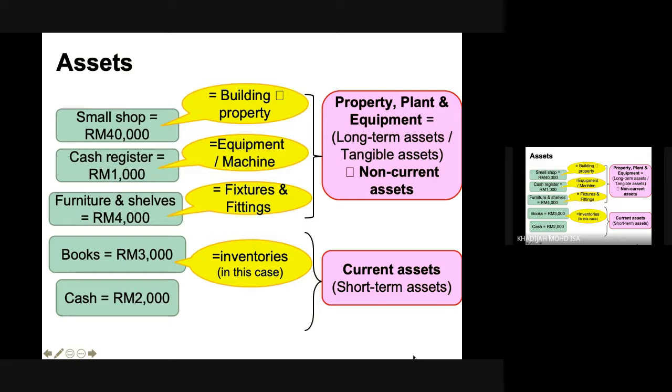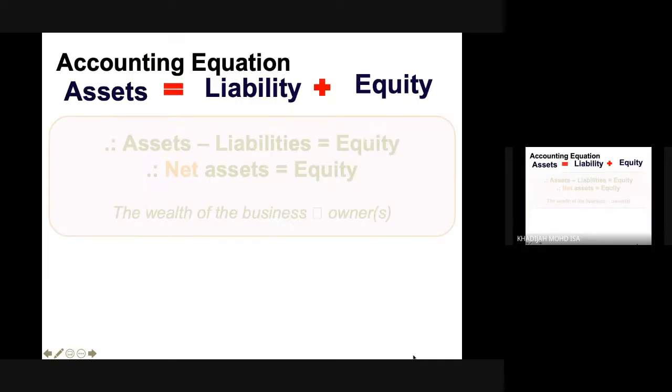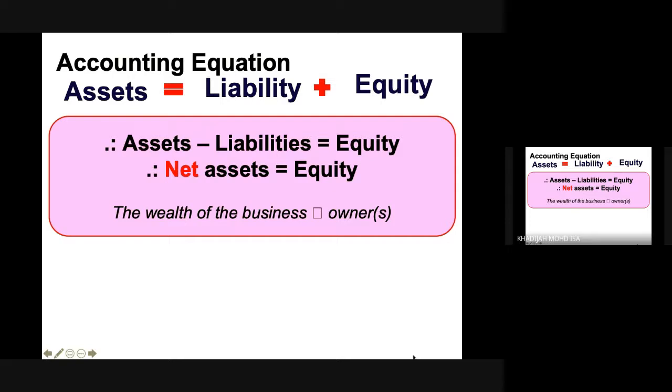When talking about the accounting equation, asset equals liability plus equity, we can also put that equation in a different way. If you put the liability on the other side, then asset minus liability will also give you equity.